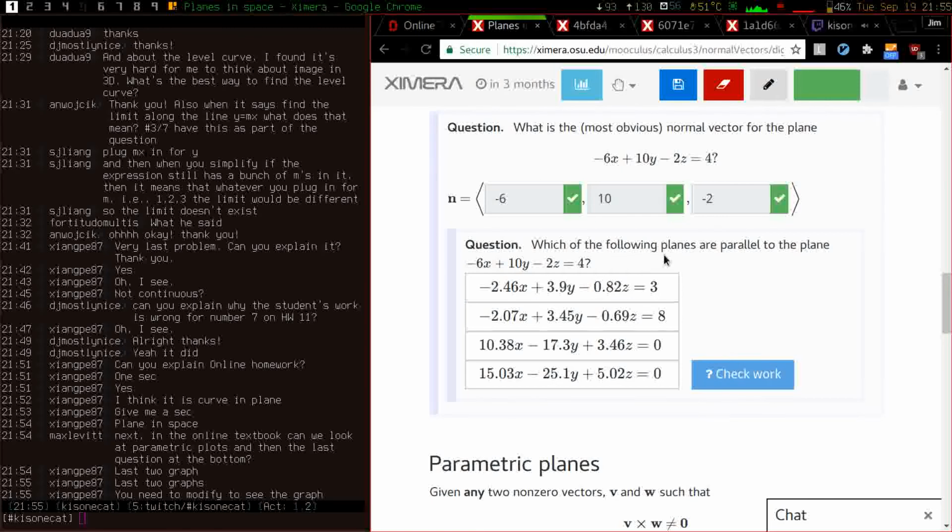Oh no. Now I have to calculate. Oh, these are so awful. I have to actually do division. Let's see.